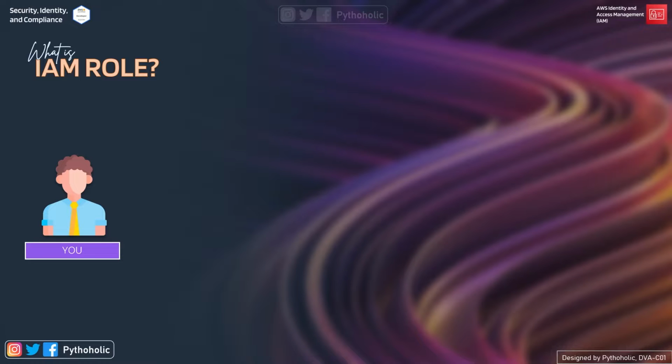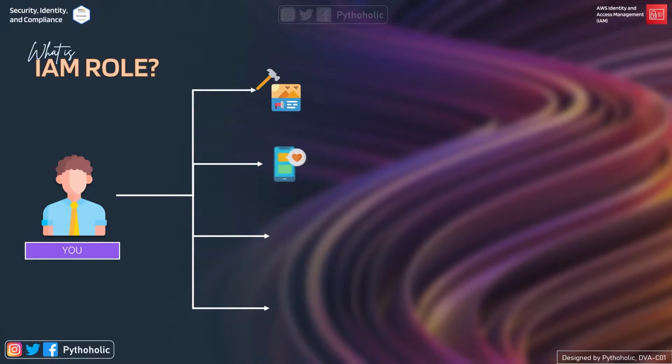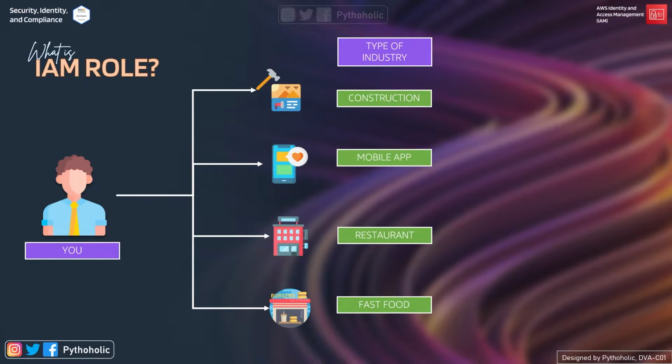In my first job, my role was to write scripts for an application as a software trainee. So I had a role there, and my responsibility was defined by what my role was. Similarly, let's suppose this is you, and you might be working in construction or working for a mobile app company or a restaurant or a food chain or a fast food chain.